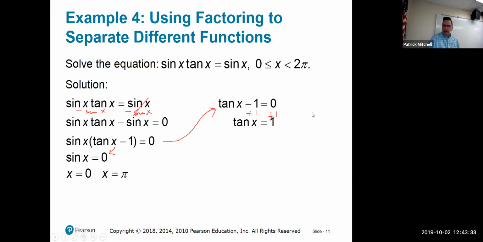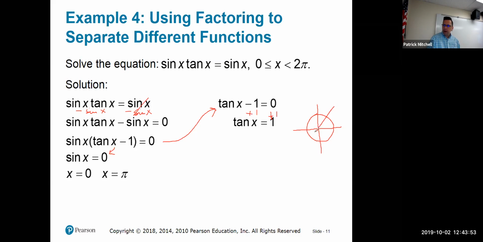Okay, so now let's think about when is the tangent of x equal to 1? Well, one time is in quadrant 1 at pi over 4, right? And then the other time is in quadrant 3, again, because of all students take calculus.